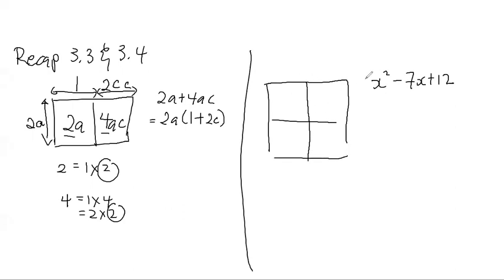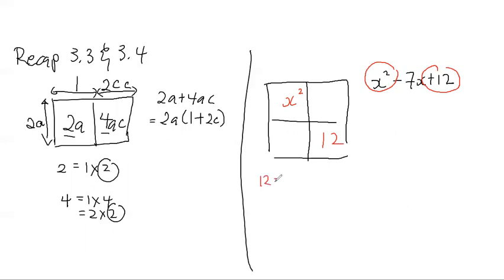So the question is, where do I put this? If you recall, the first term and the last term goes inside here. It's a positive 12. So here I have positive 12.